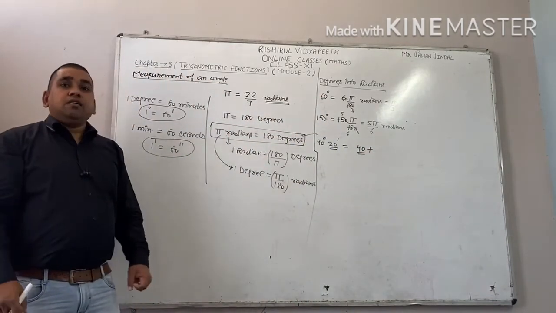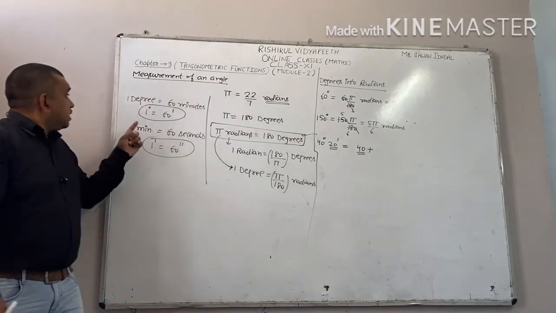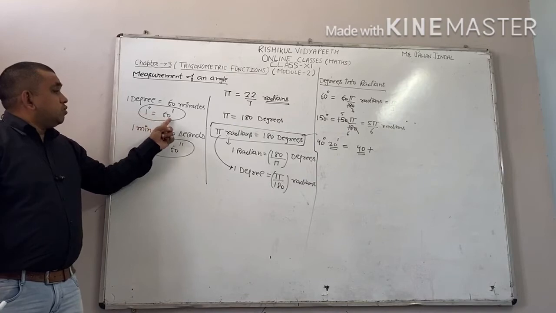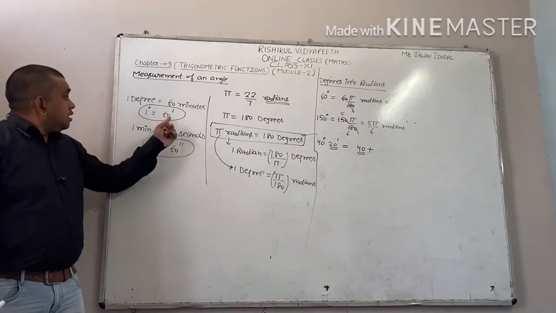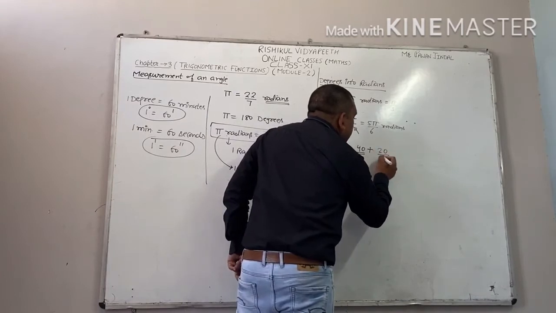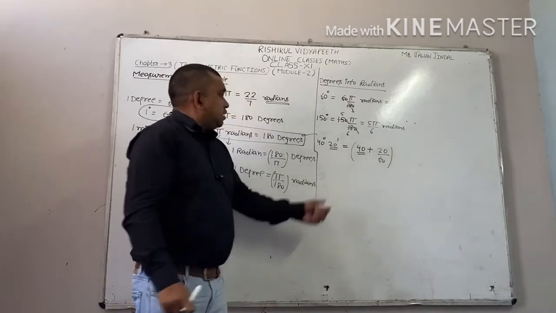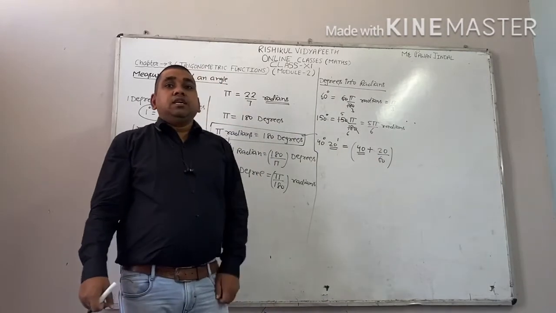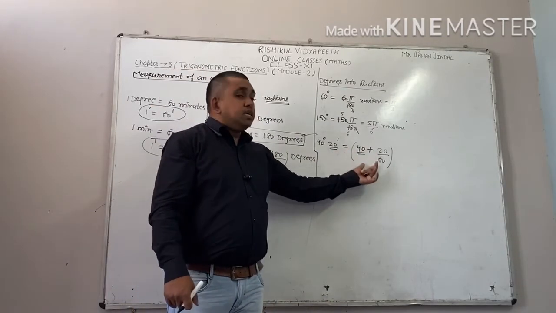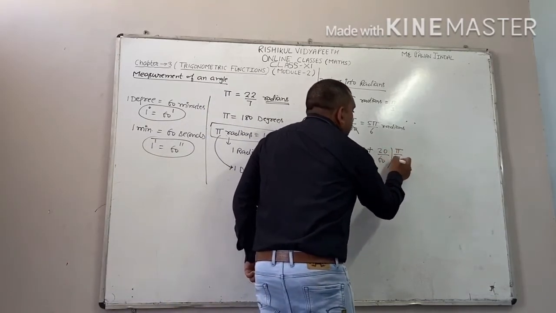Now 20 minutes. First of all, you will convert this 20 minutes into degrees. You can see here 1 degree equals 60 minutes, therefore 20 minutes equals 20 by 60 degrees. Right? This complete is degrees. Now you can easily convert this into radians, just multiplying by pi upon 180.